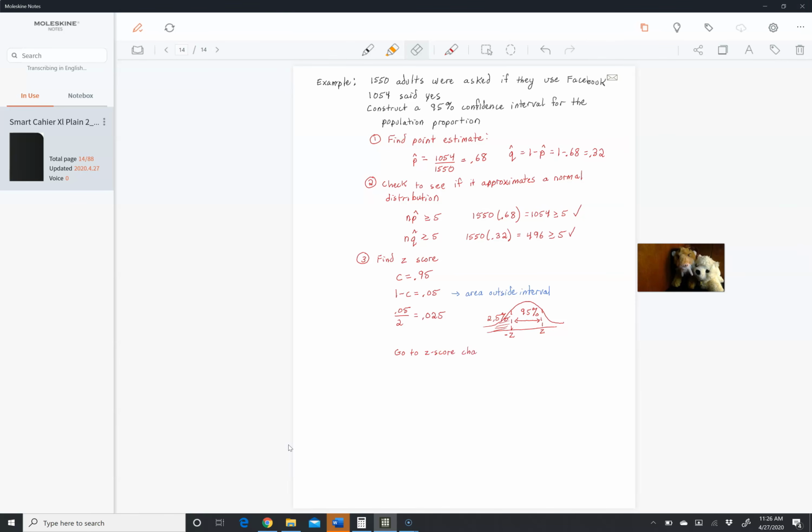Remember, this is also referred to as the standard normal table. Here you're looking for the z-score. You're given the area, so you're looking at the inside of the chart.